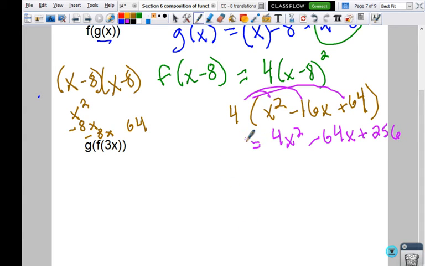So this is going to be my final answer: f of g of x equals this whole thing.